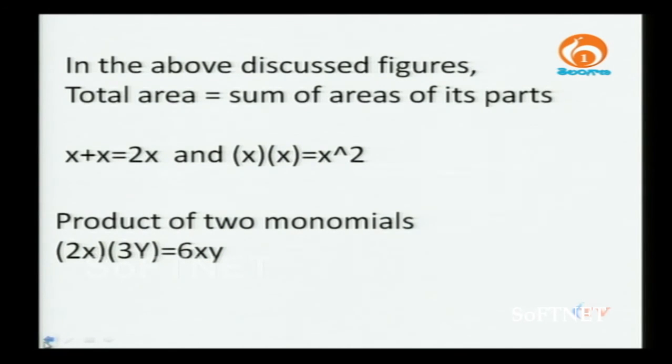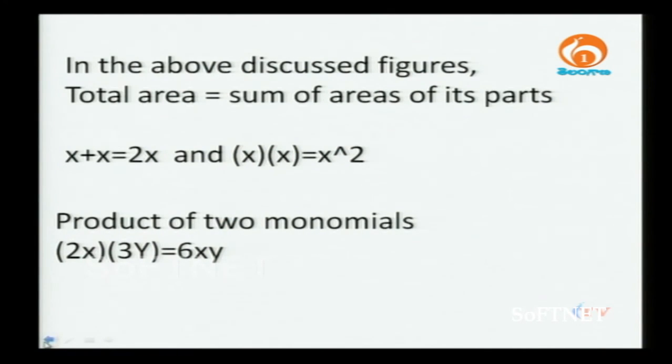When they are arranged side by side, their sum is x plus x, 2x, which is the total length of the line segment. Whereas, if we consider the product x into x, we are considering one along length and one along breadth, because of which we are getting a square whose area is x square.